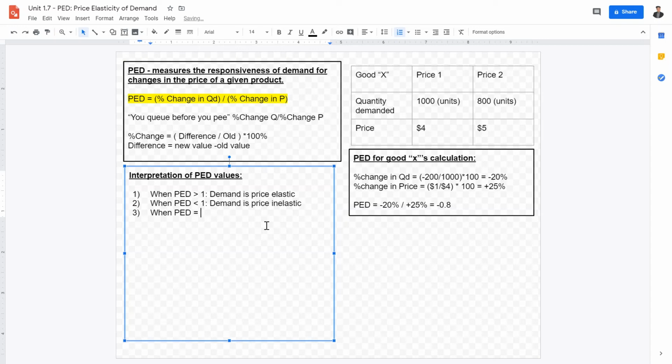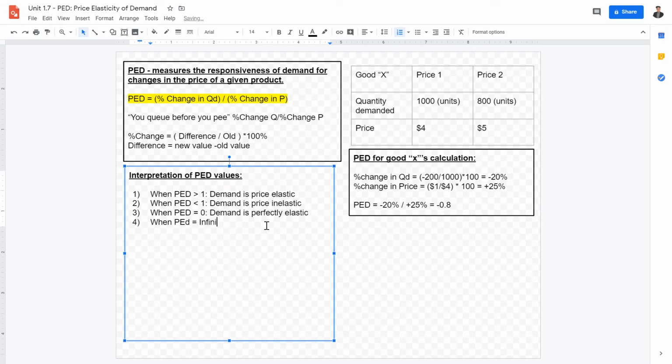Now, the next thing is an extreme. When PED equals 0, demand is perfectly inelastic. I'm going to use and explain this in graphic form.